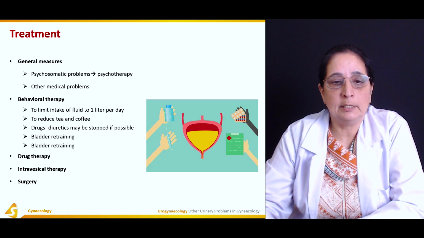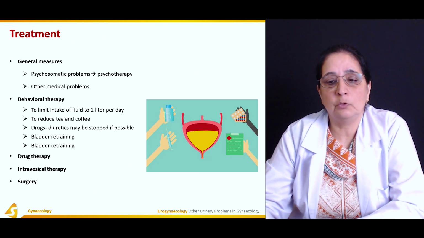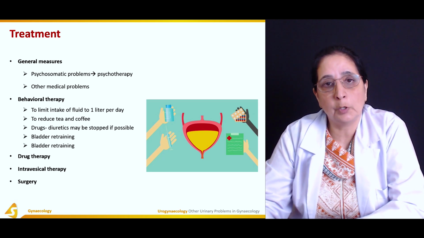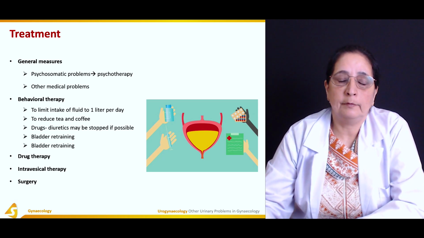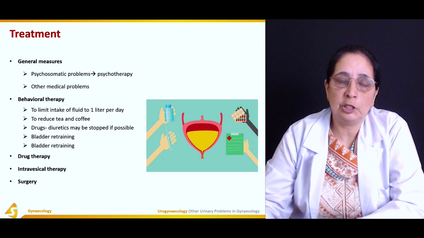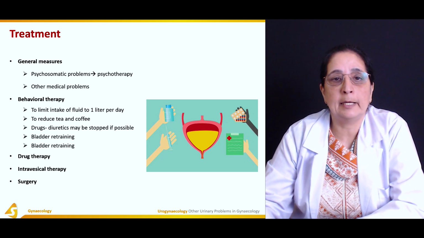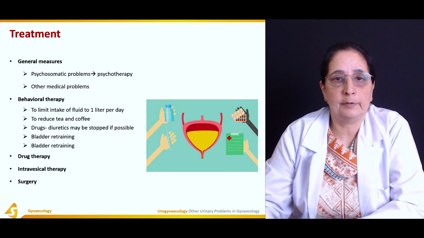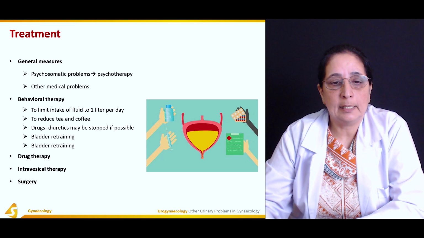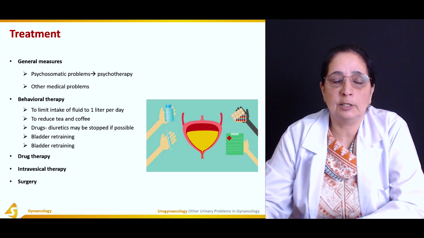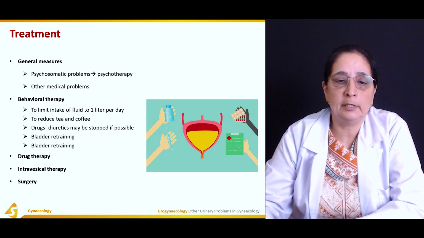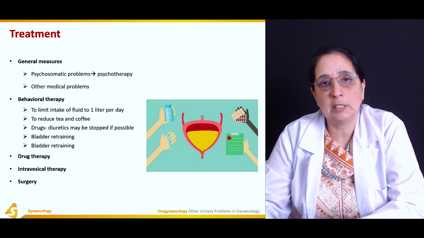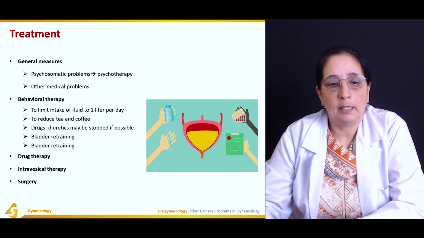The treatment is usually, if it's due to psychosomatic problems, psychotherapy. If it's due to some other medical conditions, treatment of the underlying medical conditions can improve the overactive bladder. Then behavioral therapy usually is to limit the fluid intake to 1 liter per day and reduce tea and coffee.